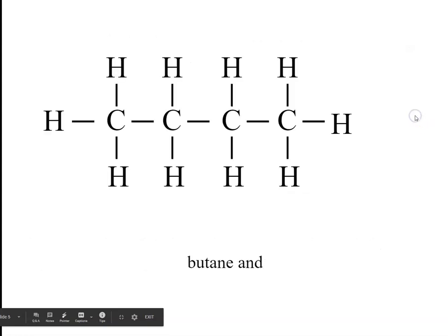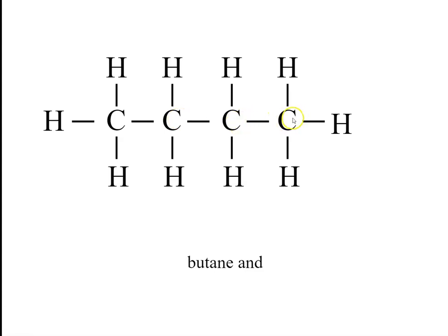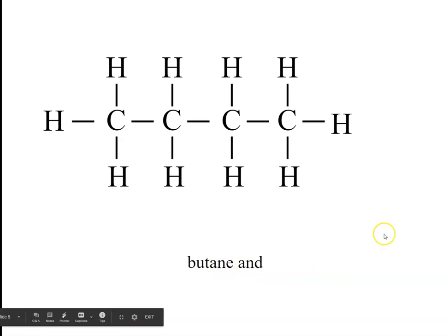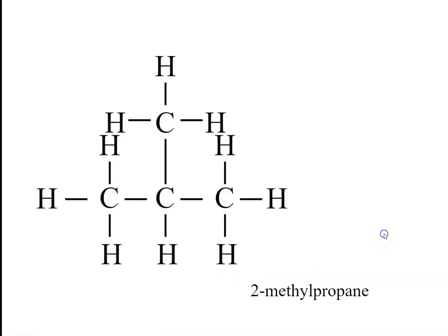The first of them is just called butane. 1, 2, 3, 4 carbon atoms gives you that but- start, and it's an alkane. You can tell it's an alkane because it's only got single bonds between the carbon atoms. It's saturated, so it's butane. That's one way of arranging the atoms.